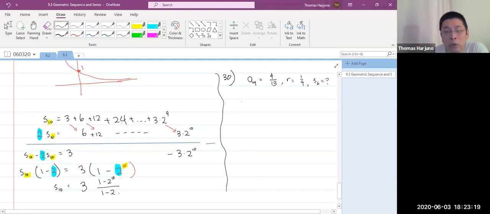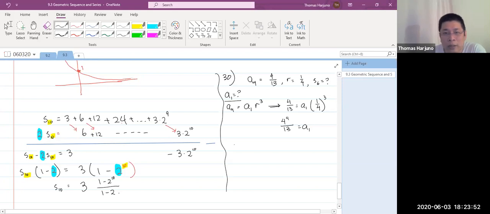Now, what I will do is find the first term first. The fourth term is the first term times r cubed. Is that right? So 4 over 13 equals the first term times 1/4 cubed. So the first term is 4 to the 4 over 13. Let me just leave it like that.